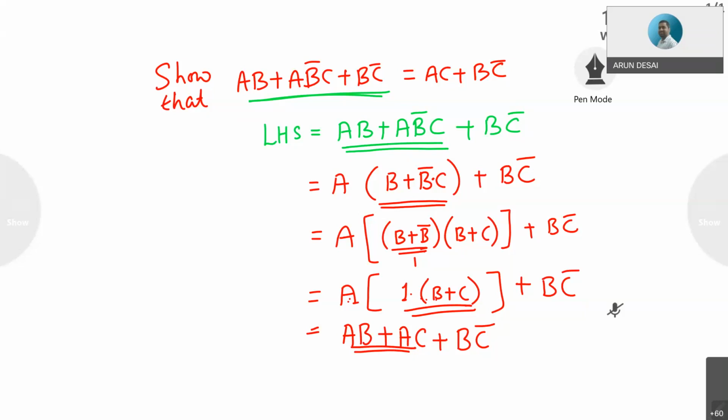Where to add this C plus C complement, Pallavi?